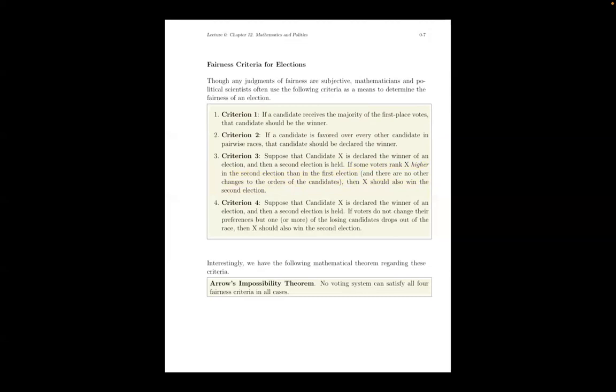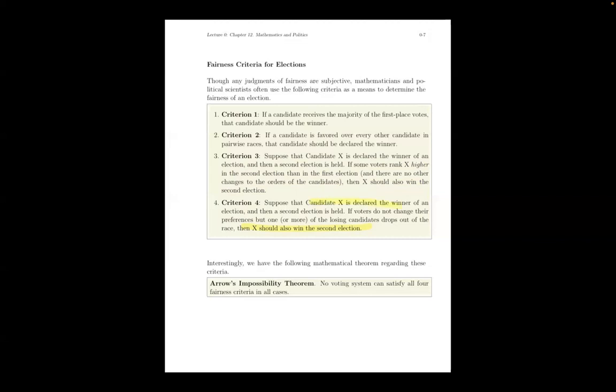So criterion 4: suppose that candidate X is declared the winner of an election and then a second election is held, similar to criterion 3. If voters do not change their preferences, but one or more of the losing candidates drops out of the race, then X should also win the second election. Maybe this one's a little bit harder to imagine, but it shouldn't affect the election that there were candidates beneath X that have dropped out of the race, right?